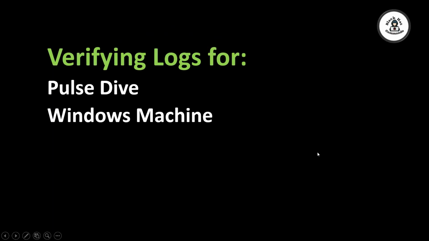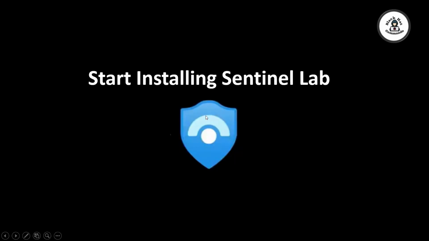We will check whether we have successfully configured our REST API solution from an external source like Pulsedive, and also the Windows machine logs inside Sentinel. Now we will verify those logs. In this class, we will also install the Sentinel lab.